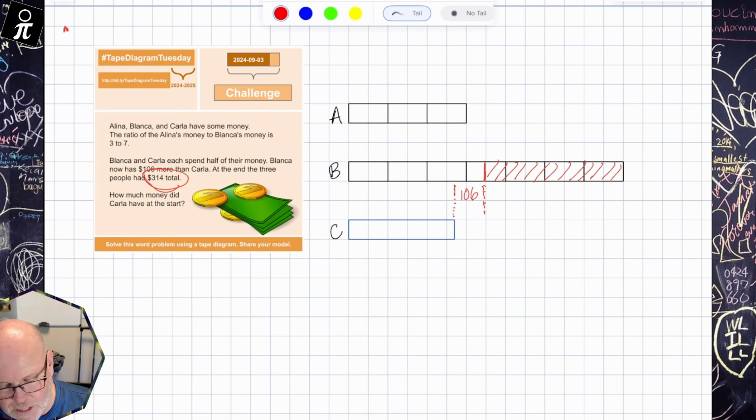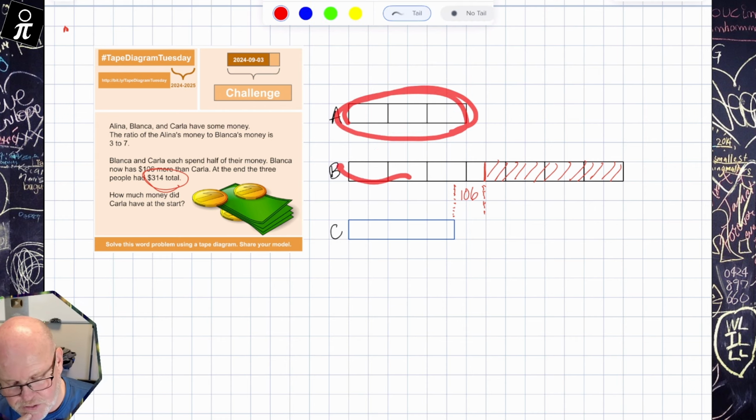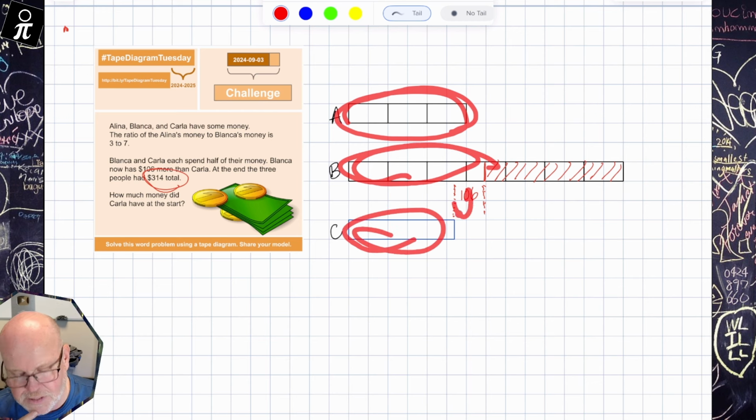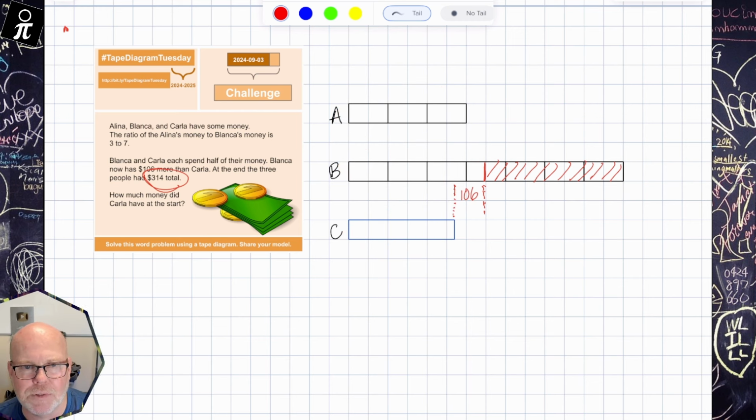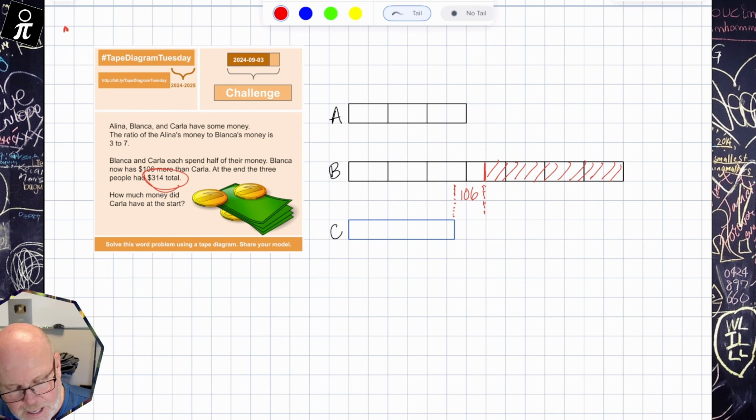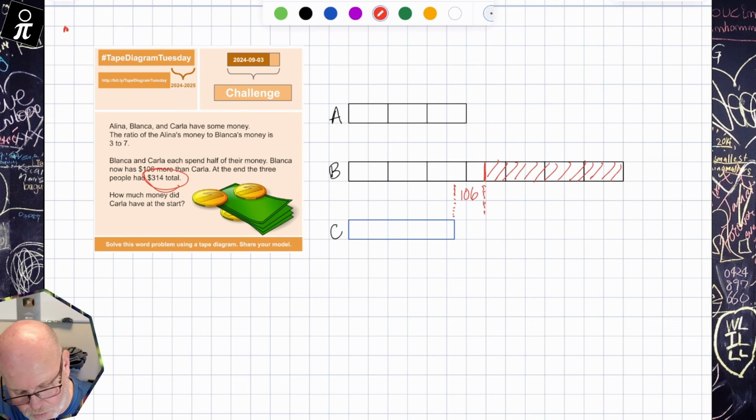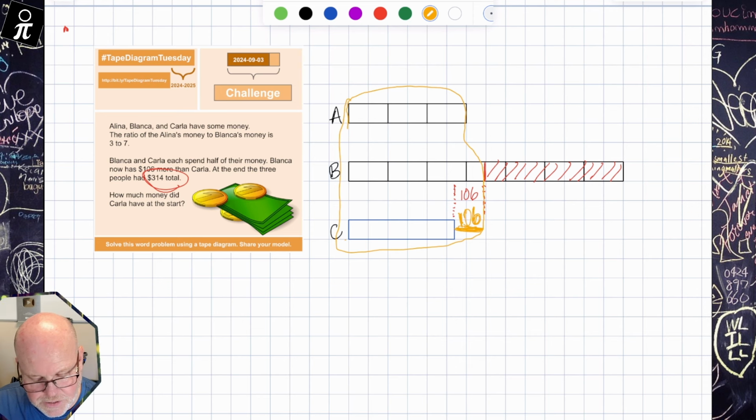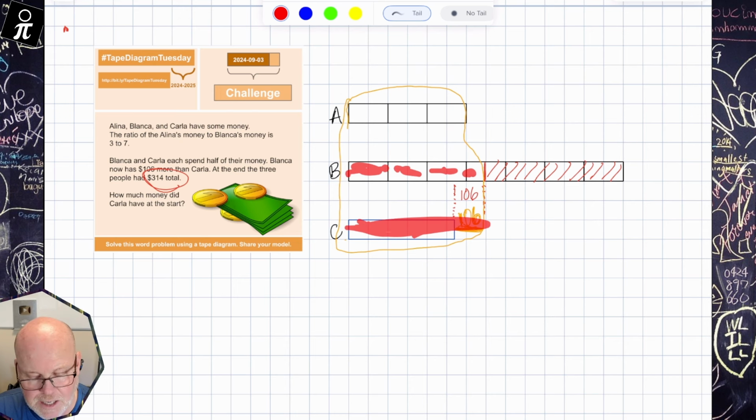So these 3 units, these 3.5 units, plus the extra 106, represent $314. I'm going to pretend Carla has an extra $106. That way she will have 3.5 units worth of money, just like Blanca does.